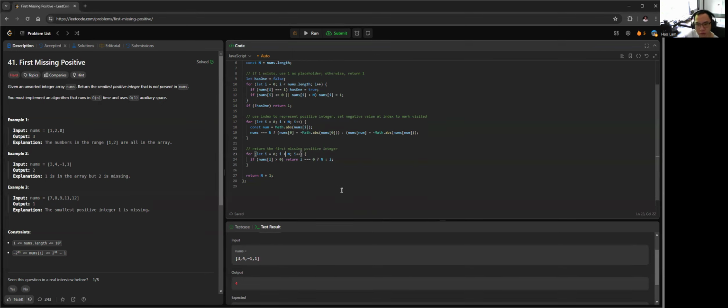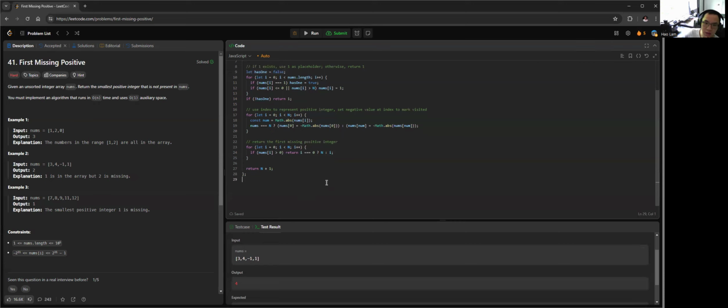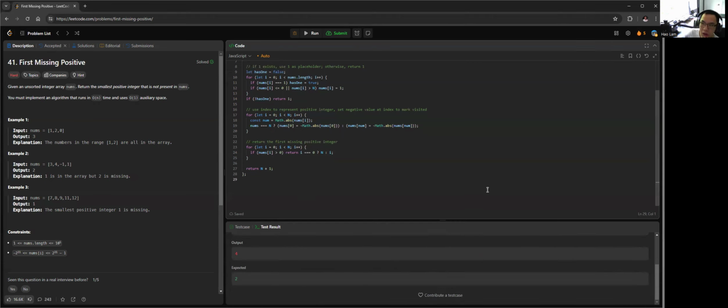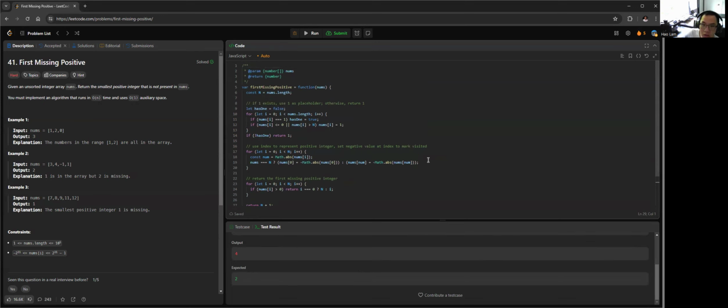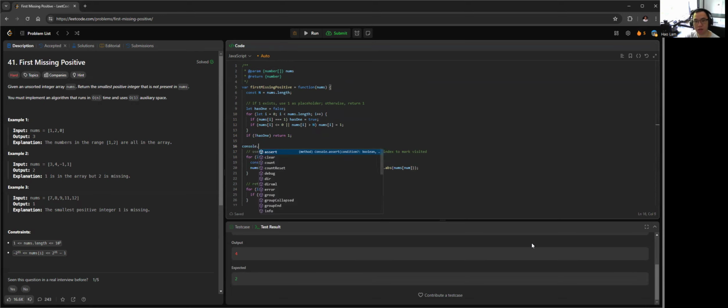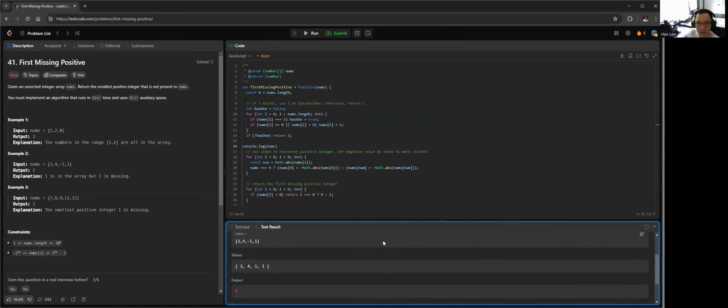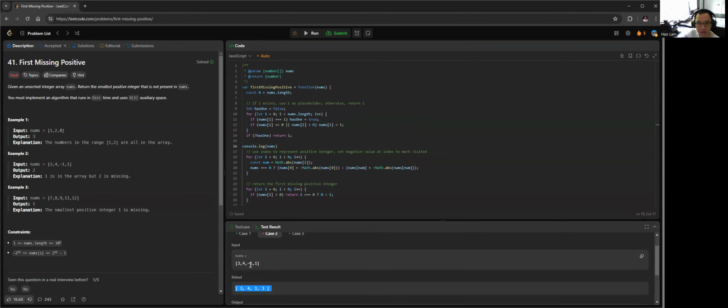No, not really. It's just 0 to n minus 1. That's weird. Let's print out our nums here to see if we have the correct array. Right, 3, 4, 1, 1, because 1 already exists, so we set this one to 1.